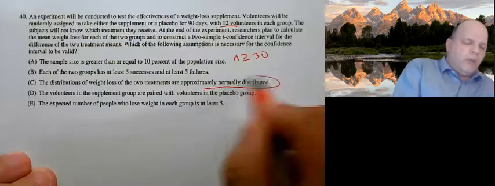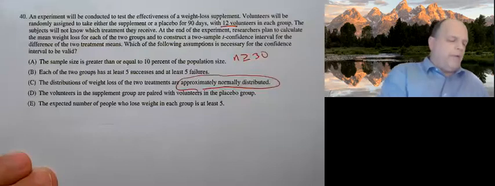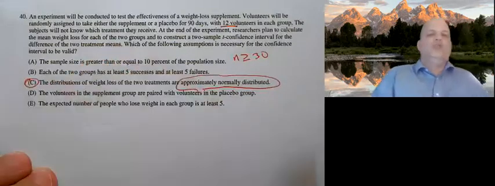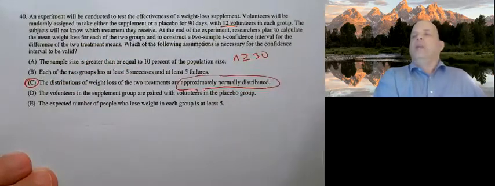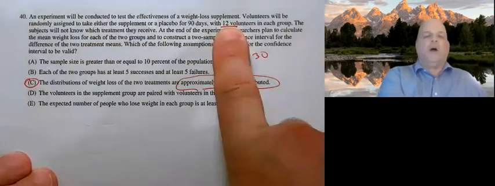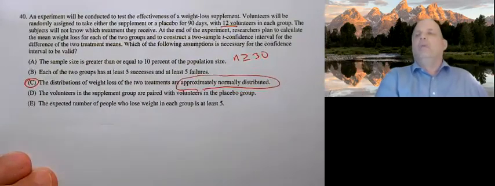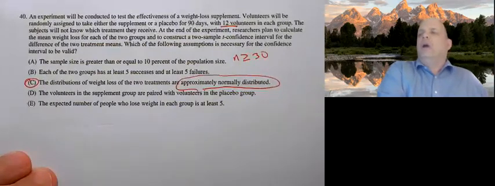They need to be approximately normally distributed. Either we know that or we put together a box plot to check it out. We should have known that just because they had 12 and it's like, oh, that's too small to be normal by the central limit theorem. So either they're going to have to tell me that, or I'm going to have to do a box plot, but somehow or another, we're going to have to check normality.